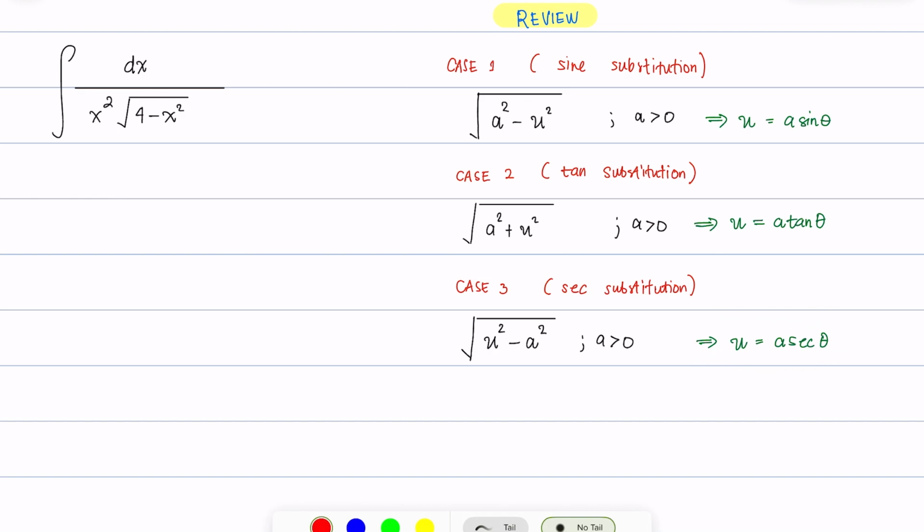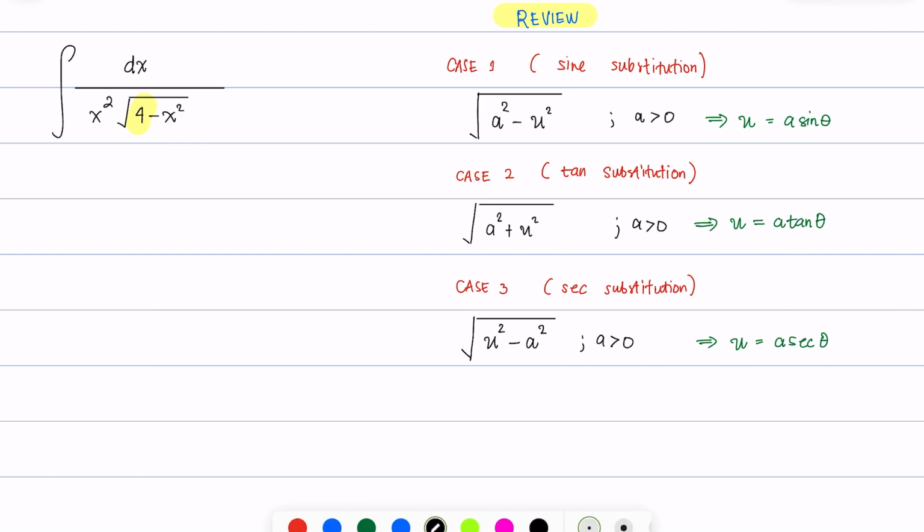Now, in the given integral that we are going to solve today, you notice that it's just the integral of dx over x squared times the square root of 4 minus x squared. However, this 4 here can actually be written as 2 squared, right?